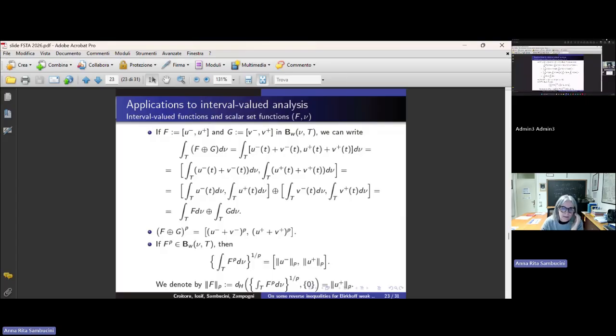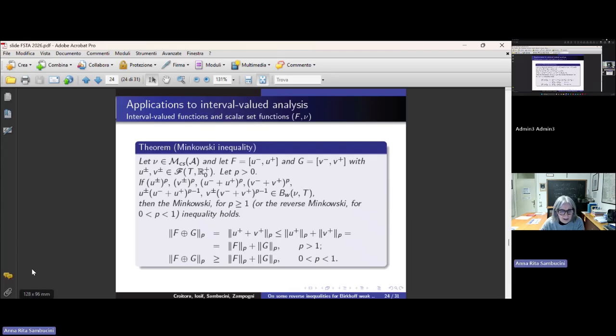This is an interval which will be exactly the interval with the analogous functional for the endpoints functions u minus and u plus. And since we consider as this value the Hausdorff distance between this element and zero, this coincides exactly with the right-hand side of this interval.